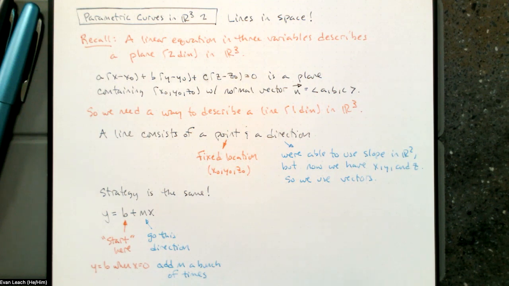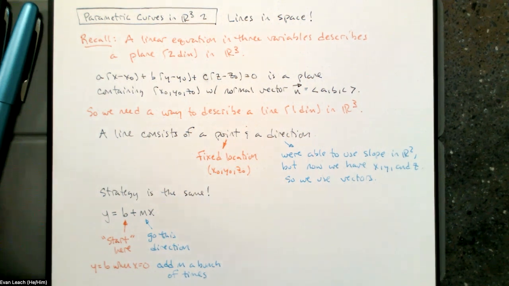That bunch of times is the X. Here's our fixed B with no variable. Here we are adding M, and here the number X is the number of times we add M.